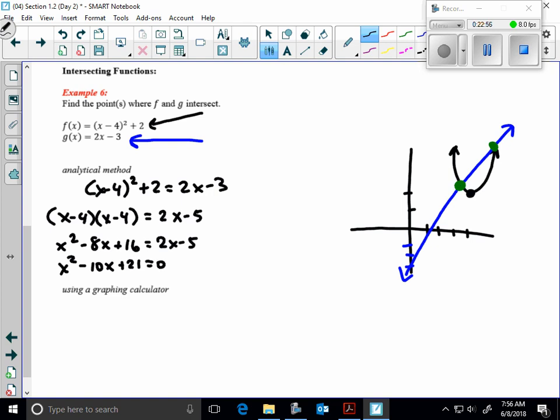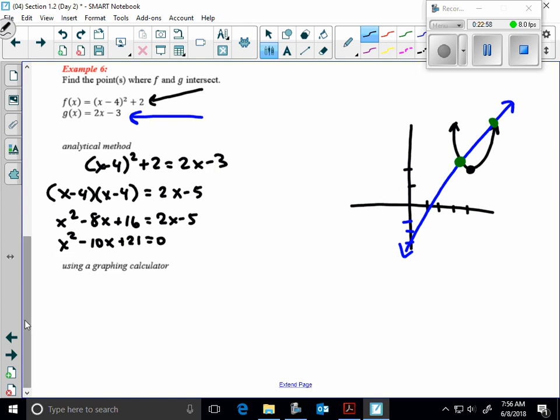If I want to know where that equals 0, I factor. So x and x, that looks to me like a -7, -3. So to me it looks like x equals 7 and x equals 3 will be the x values of these points. So it looks like this will be 3 comma something, and this will be 7 comma something.